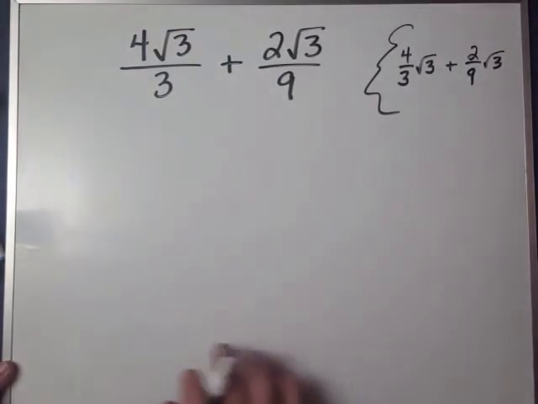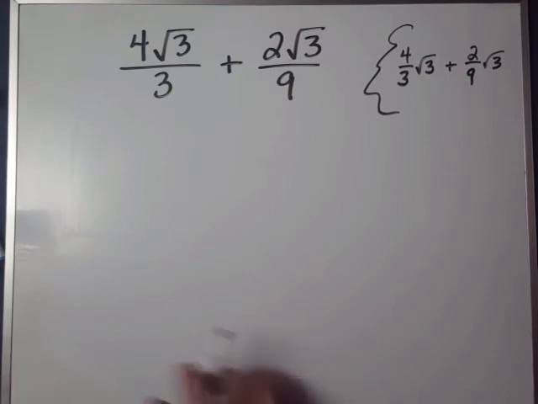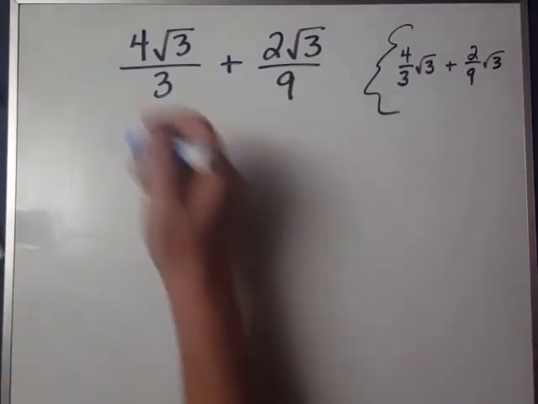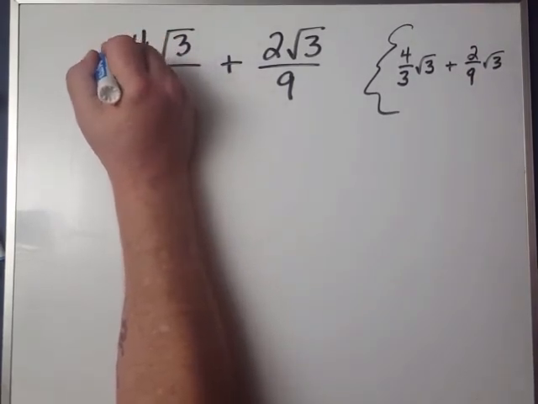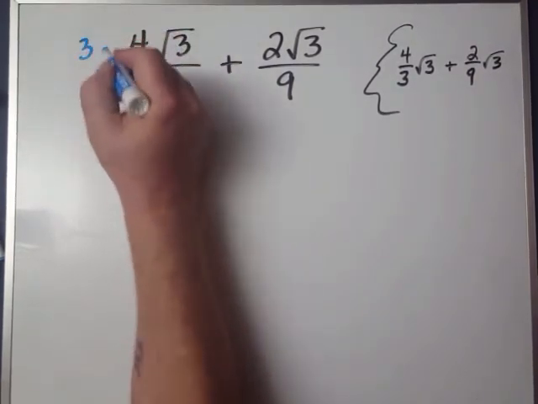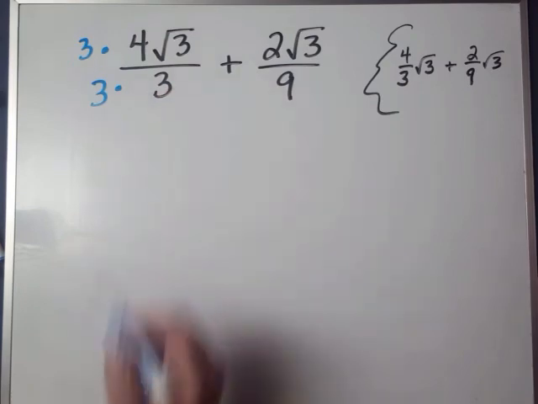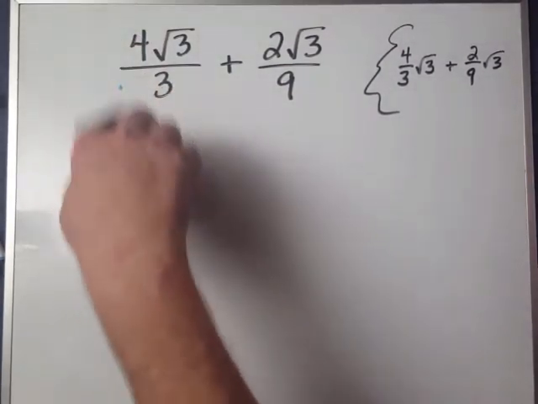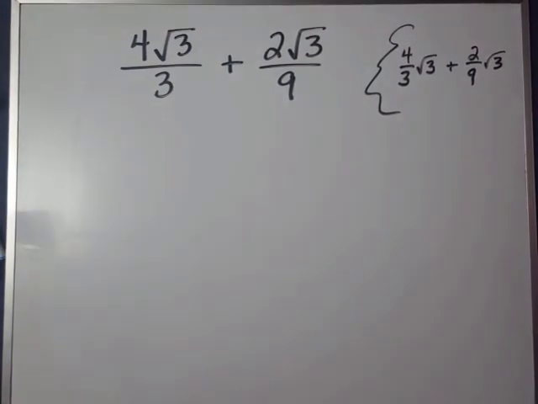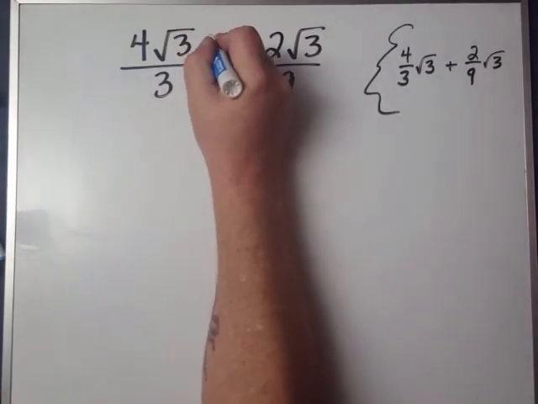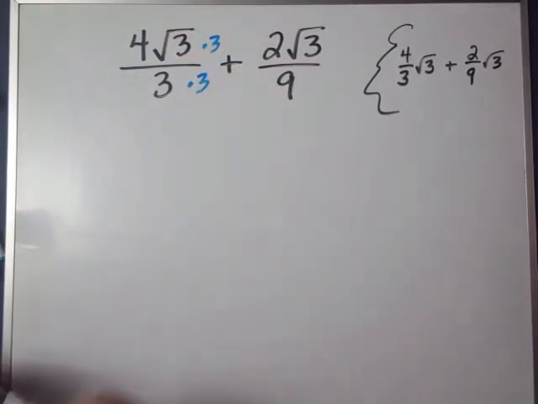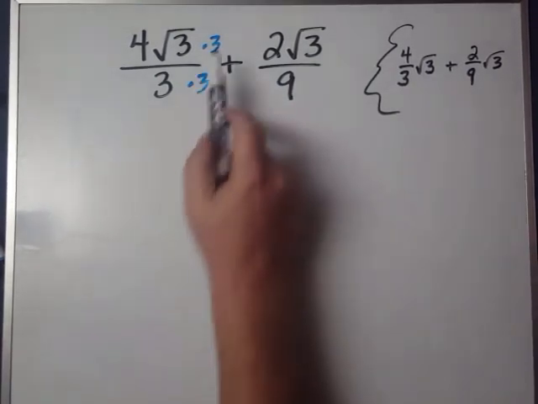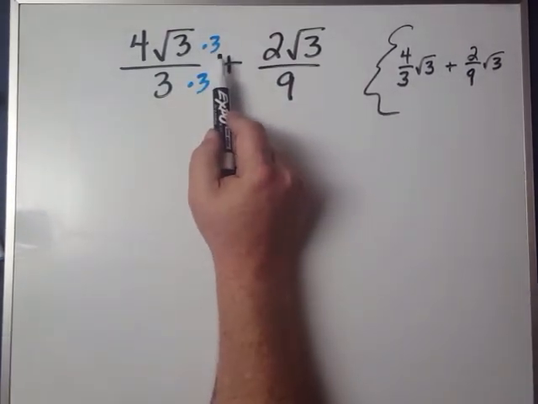In order to add fractions, I have to have a common denominator. Least common denominator for 3 and 9 is 9, so I need a factor of 3 over here. Even if I were to write times 3 times 3, that blue 3, what can he get together with?